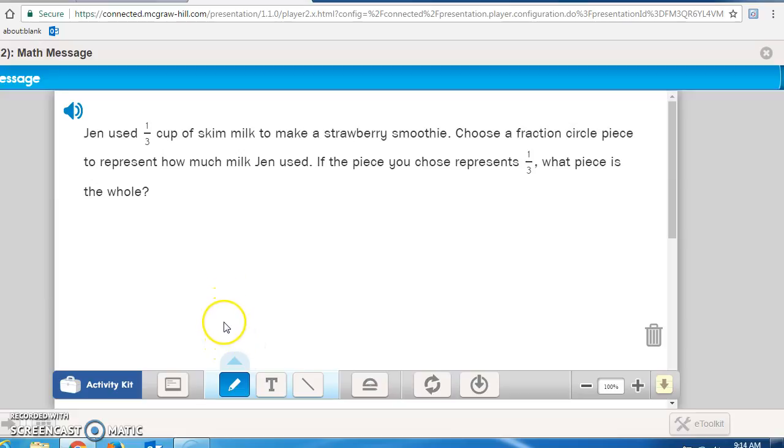I want you to look at the light blue. If I say the light blue equals 1/3, then what would my whole be?